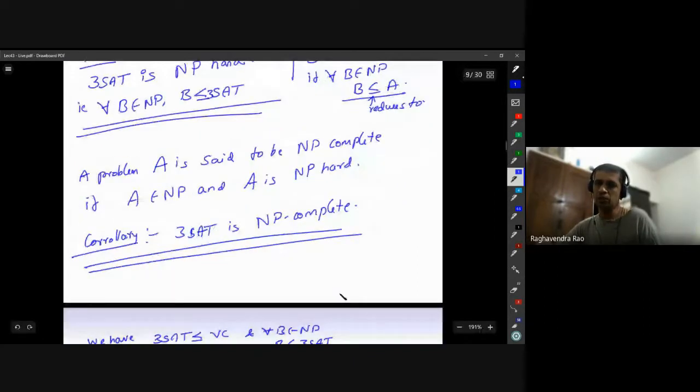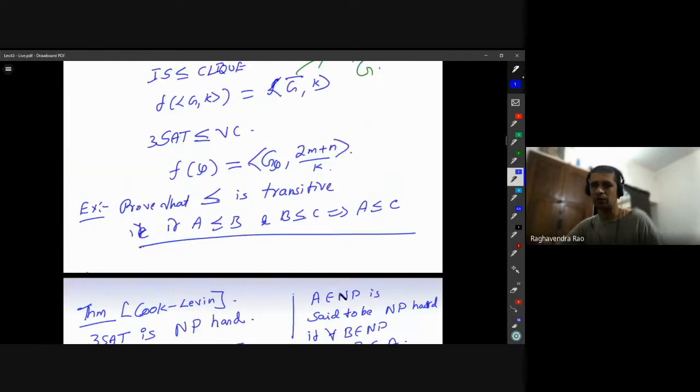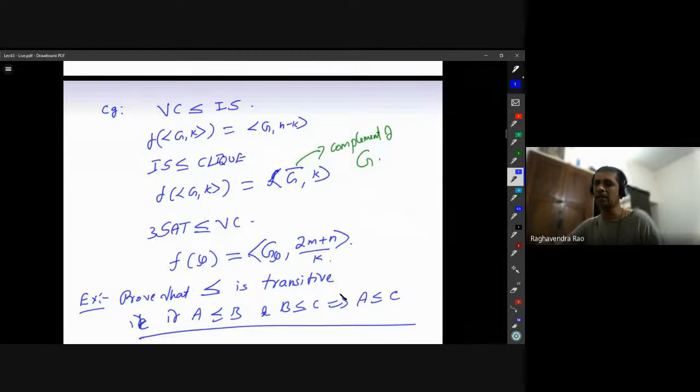We used the Cook-Levin theorem that 3 SAT is NP hard, in fact NP complete. Now, if you show that 3 SAT reduces to some problem A, then you know that A is NP complete. That's exactly what we did for vertex cover, independent set, and clique.